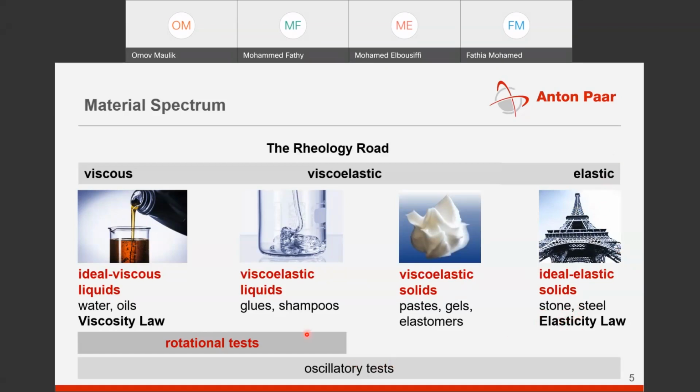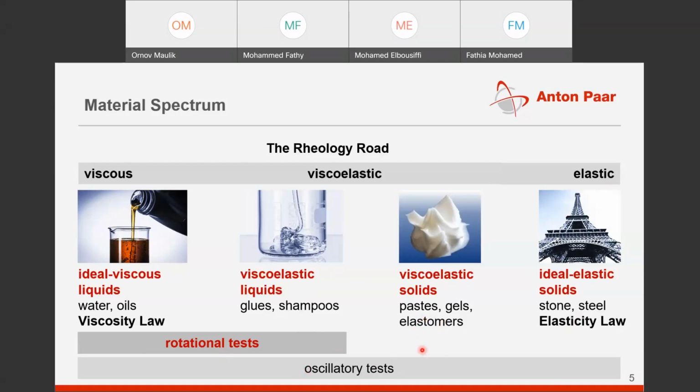Now, when you come to rheometry, ideally viscous liquids and viscoelastic liquids can be characterized using a rotational test. Although in case you want to do some sort of structural studies, meaning in addition to the flow behavior of these materials, you also want to determine the structural property of these materials, an oscillatory test can be performed on all types of materials.